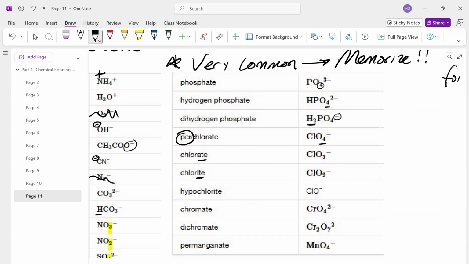And then notice down here, ClO, 1 oxygen, we use the prefix hypo to represent even fewer oxygens than chlorite. So the only difference between these four polyatomic ions, they all have the same charge. It's the number of oxygens that's different.